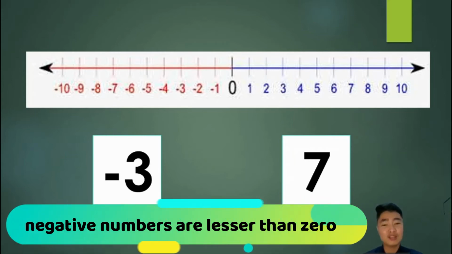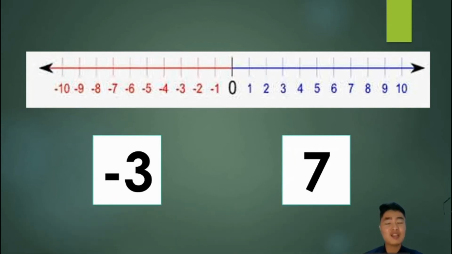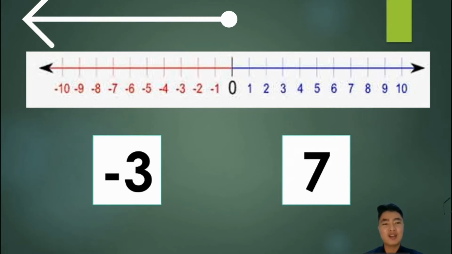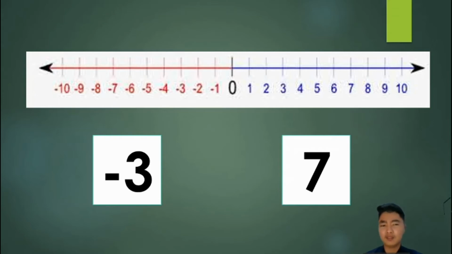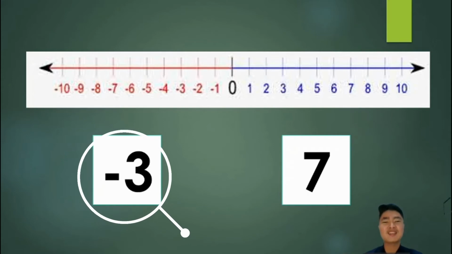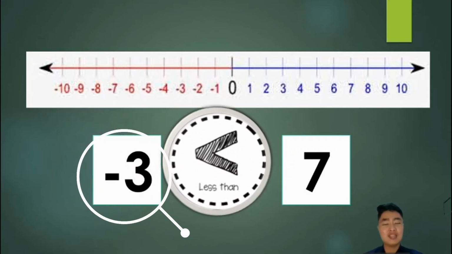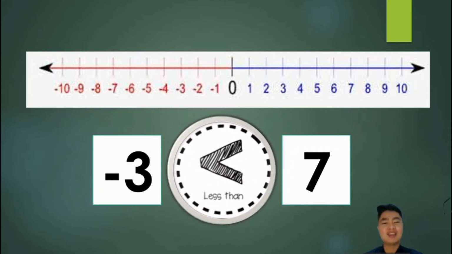Or you can just look at the number line, and whichever is in the leftmost part of the number line is lesser. Alright, so which is on the leftmost part? Is it negative 3 or positive 7? Correct, it's our answer. Negative 3 is less than positive 7.